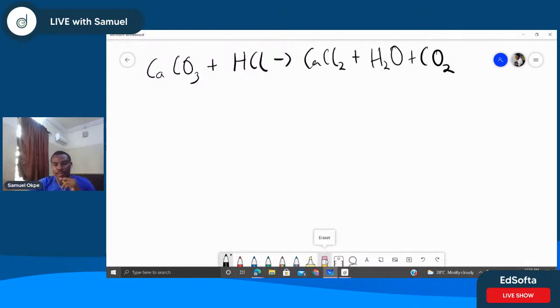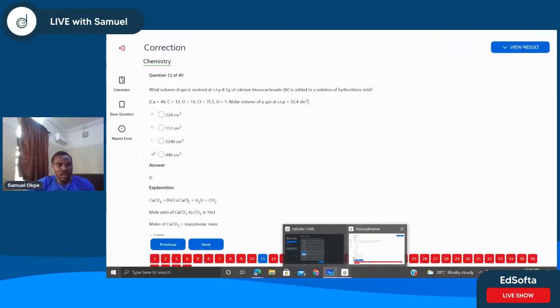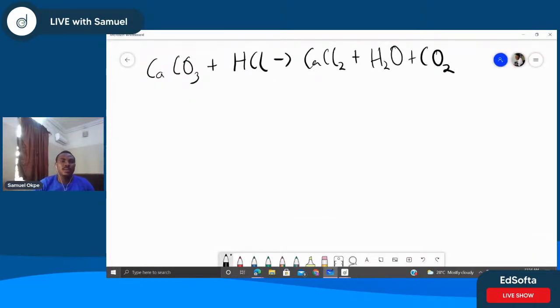Okay, so let's check. Is our equation balanced? No, because of the hydrogen. You have 2 hydrogen here, 2 Cl here. Very simple. You just add 2 here, and we have a balanced equation. This is our mole ratio.